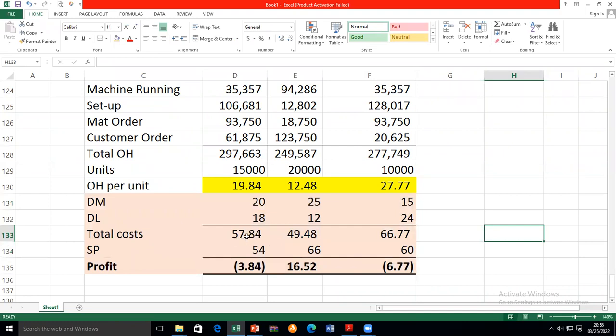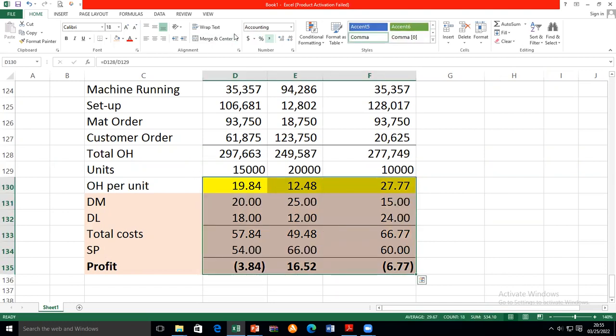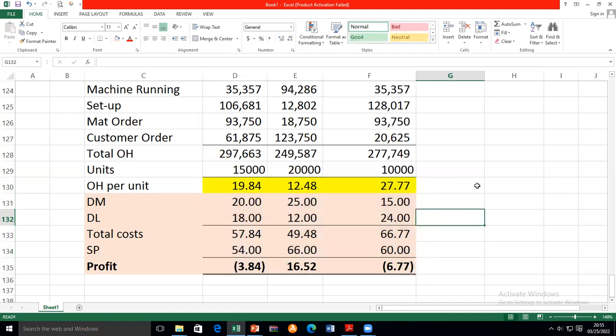So let's go. Our total costs are there. Oh, that's very interesting. Have you seen what has happened? This is a very interesting picture. Very interesting, eh? What is it that you have observed?